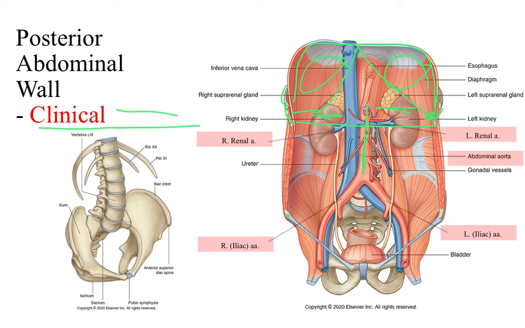All right, so it's right here, running right down the middle, right in front of the bodies of the vertebrae. So that would put your inferior vena cava slightly off to the right. Okay, and when you find the abdominal aorta, you should be able to pretend there's skin and muscles around here, palpate and find where the pulses are located, and actually locate where your abdominal aorta is, and be able to feel that in physical exam labs.